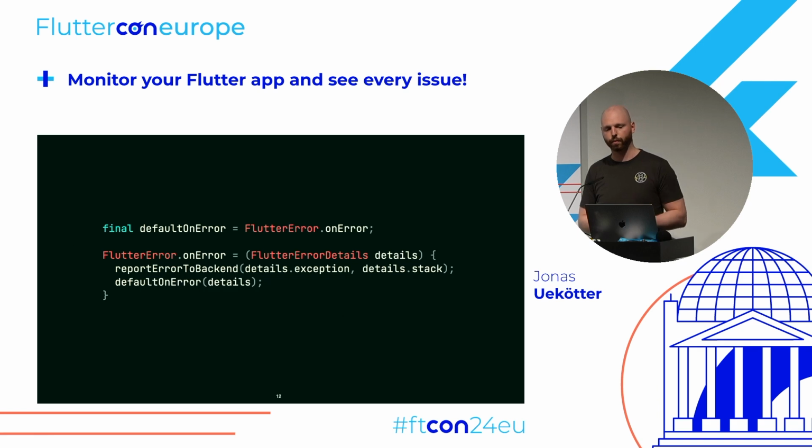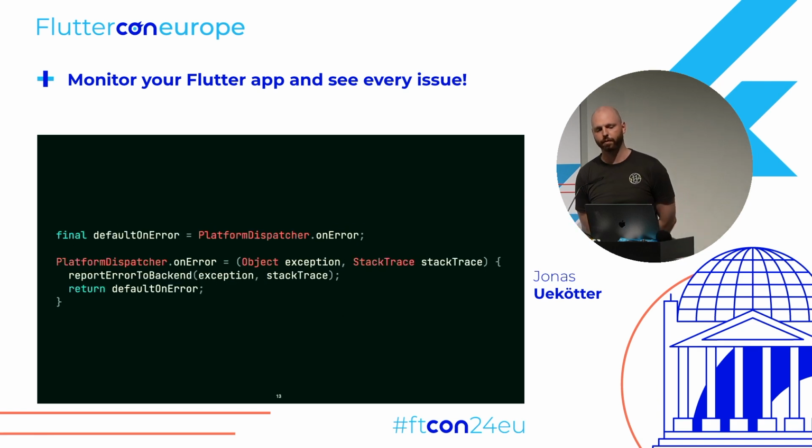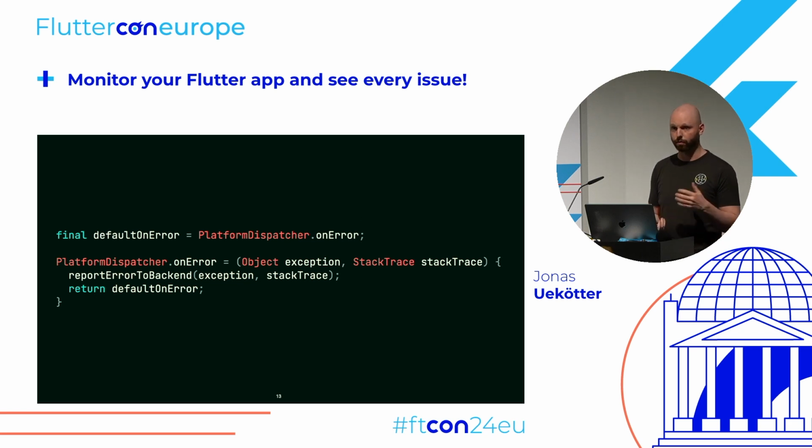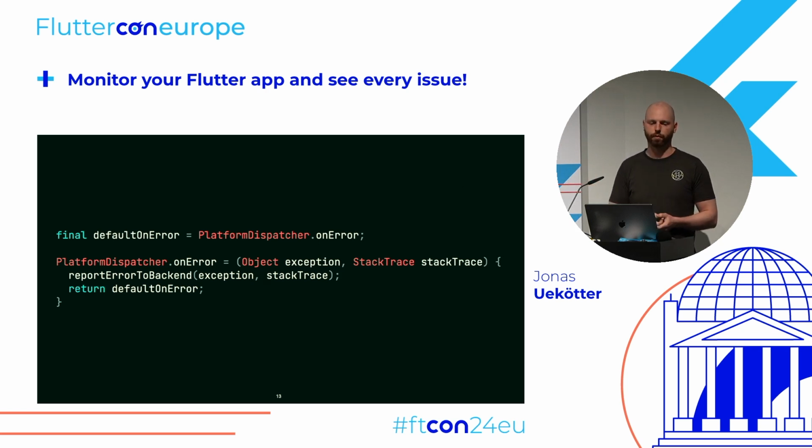The more important one is the PlatformDispatcher.onError callback. And we already see a theme here. Again, we're saving the default and then overriding it ourselves, which is pretty similar to the one before. We report it to the backend and then call the default one.